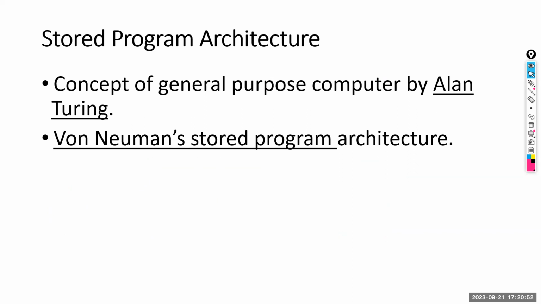When it comes to computers, we are now getting a little into computer architecture. Remember, I told you that modern computers are general purpose computers. There's nothing called a computer for word processing, a computer for arithmetic processing, image processing or audio processing.